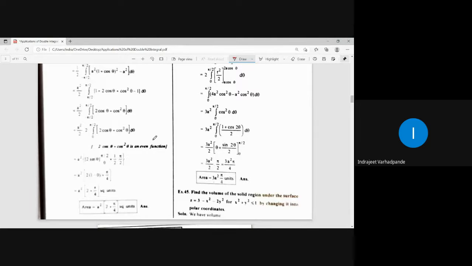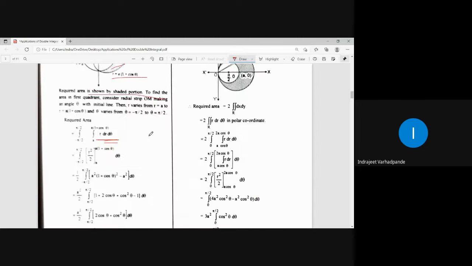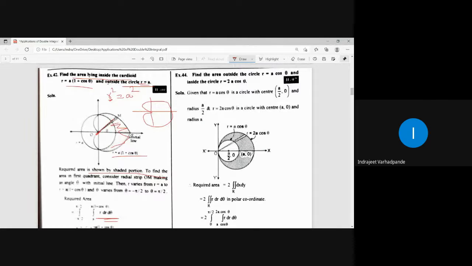Integrate with respect to theta, get the answer in the form of a constant value because theta is measured appropriately. Now where will theta go from and to? It will go from minus pi by 2 to pi by 2, because from the negative y-axis to the positive y-axis the complete rotation of the radial strip will be done. So this is one of the examples.